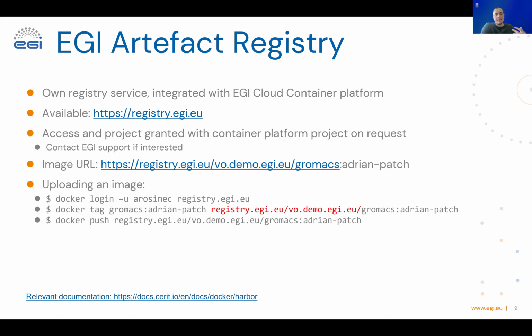So you can have the registry service for the container images which supports that, and we have that. It's called EGI Artefact Registry. You can see the domain I mentioned, and the access is basically granted by the project. It will also come with the project within the container platform, which is also provided by EGI.